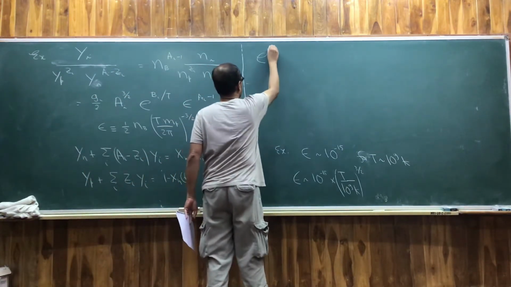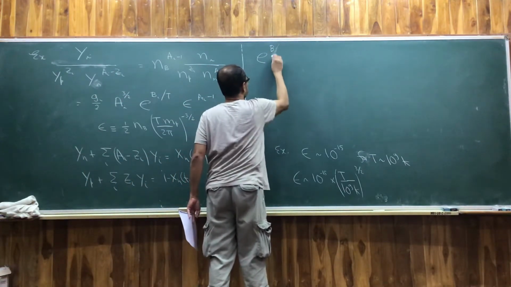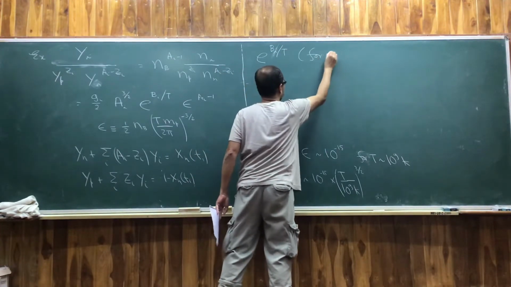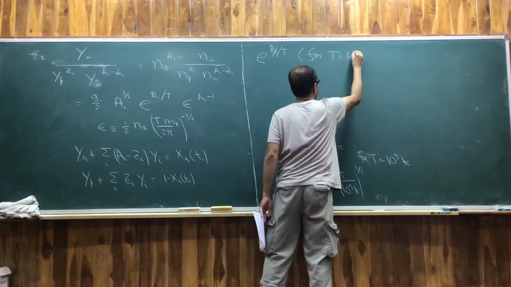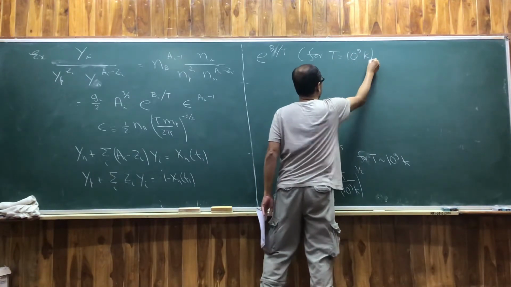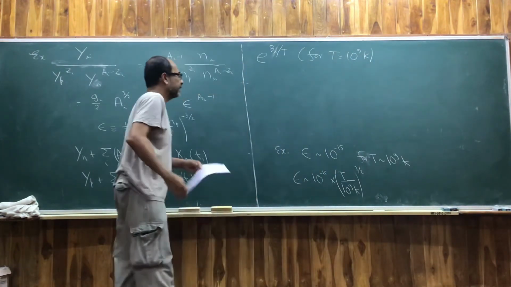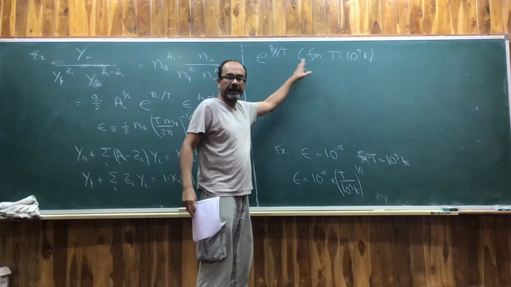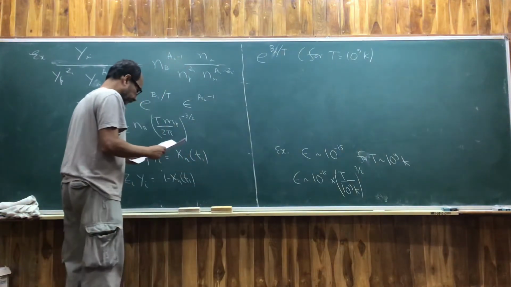E to the bi by t. Again, we give it for t equal to 10 to the 9 K. But this one you will see has a very strong dependence on t, right? Because it's an exponent. Okay, but let's see what it is for 10 to the 9 K.